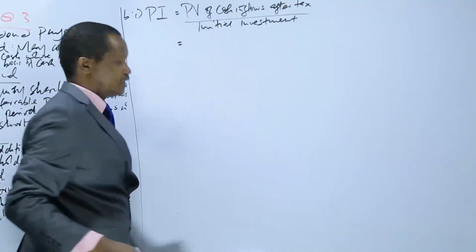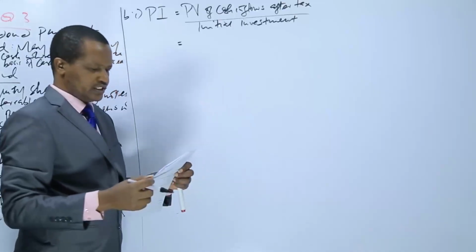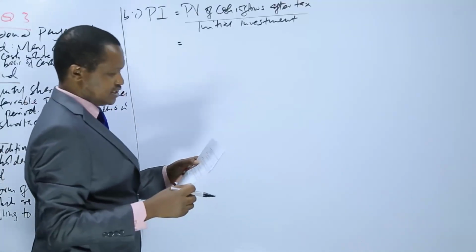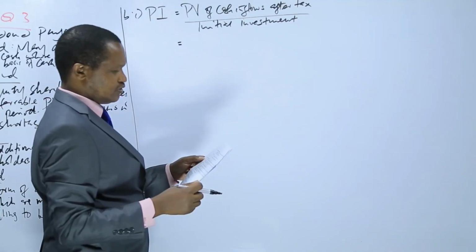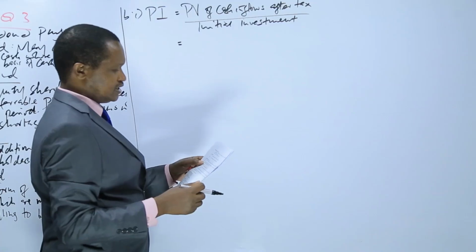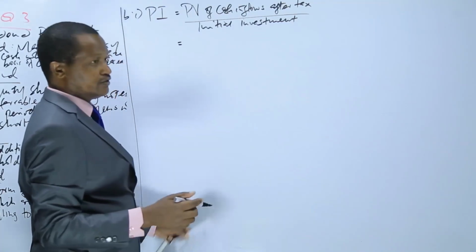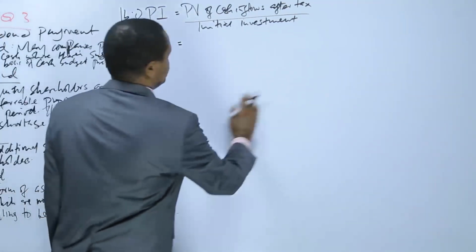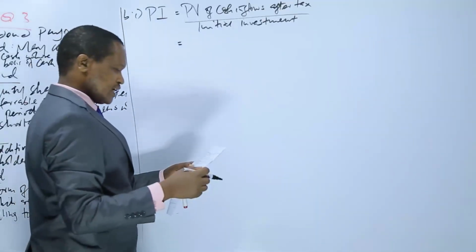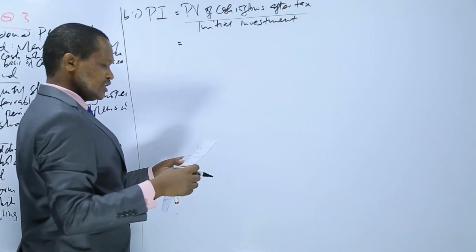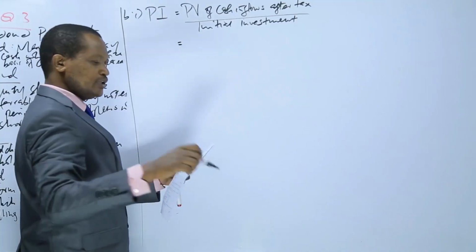The initial investment, we have it in the question, is 20,000 shillings. We need to calculate the present value of the cash inflows. In this question, the cash flows are generated in perpetuity.